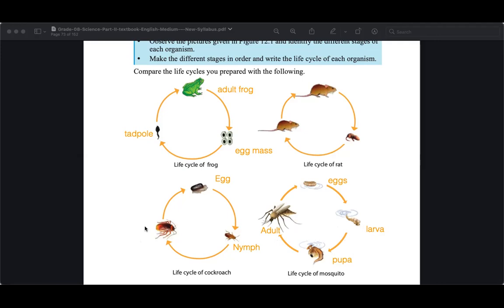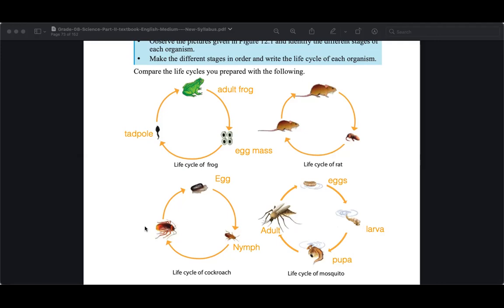Then what about the rat? Rat is rat, right? Rat is rat still.